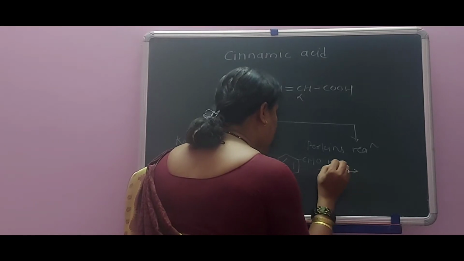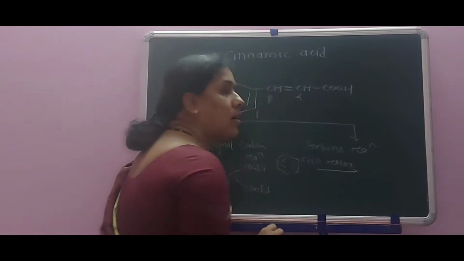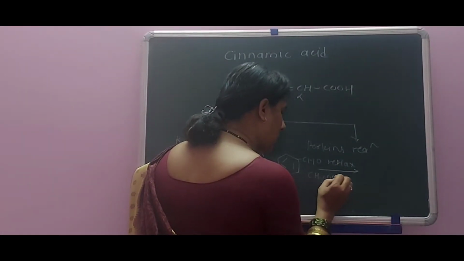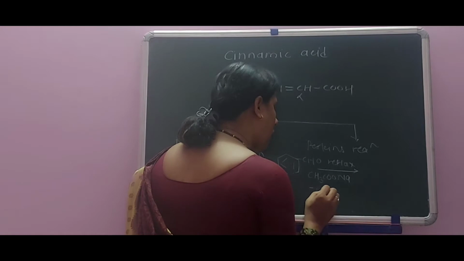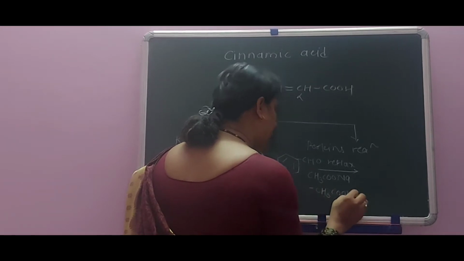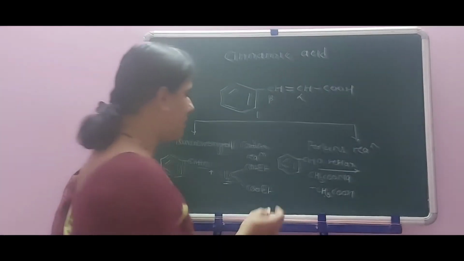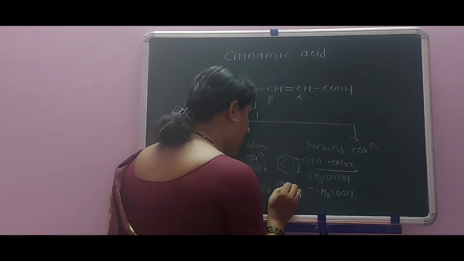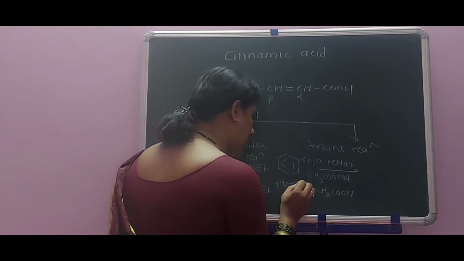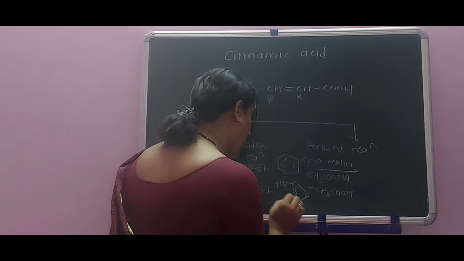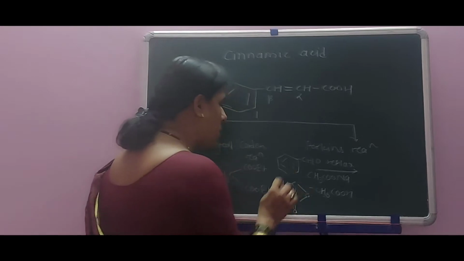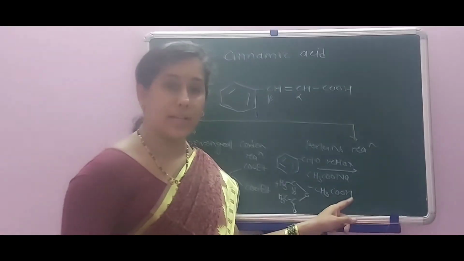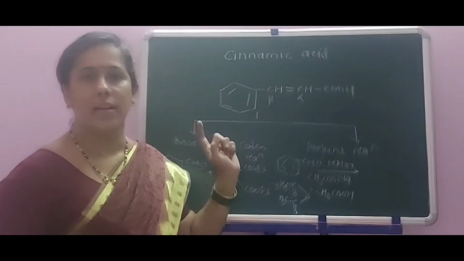Then it is refluxed with sodium acetate, CH3COONa, with the reagent acetic anhydride, having the formula (CH3CO)2O. By means of this acetic anhydride and this benzaldehyde, with the removal of acetic acid, we give rise to cinnamic acid.